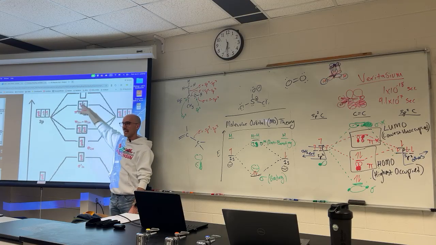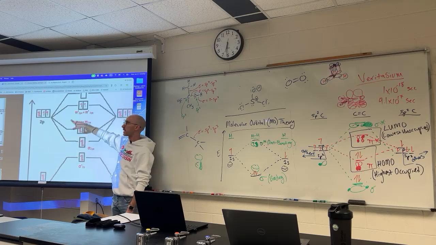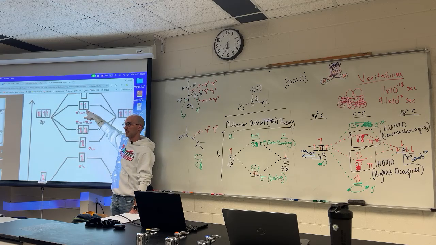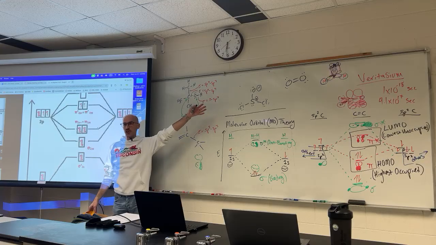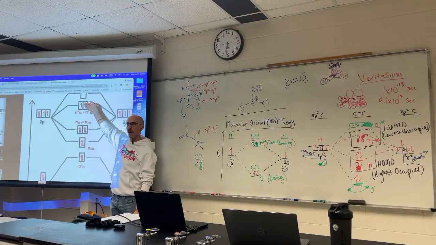So we calculate that O2 has a bond order of 2 because it has some antibonding electrons. A Lewis structure would never suggest that it has 2 pi bonding and 1 pi antibonding orbital.